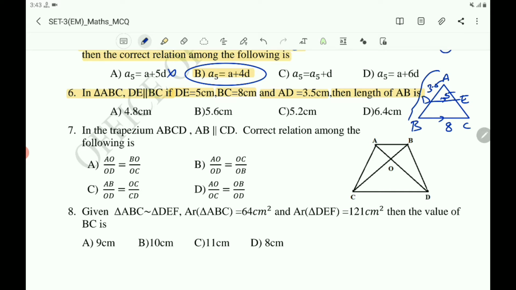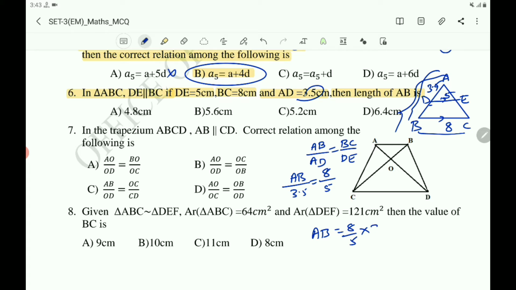Here these two triangles are similar, you know it. So AB by AD equals BC by DE. AD is 3.5, BC is 8 and DE is 5. Then AB equals 8 by 5 into 3.5.